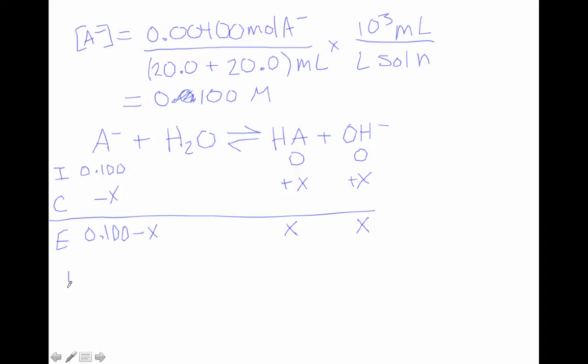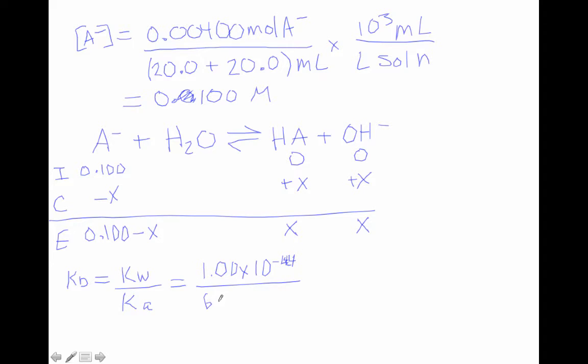The Ka for benzoic acid can be used to find the Kb for benzoate. Recall that the Ka for an acid times the Kb for its conjugate base always equals Kw, so the Kb for benzoate is the Kw divided by the Ka for benzoic acid. So we have 1.00 times 10^-14 for Kw.